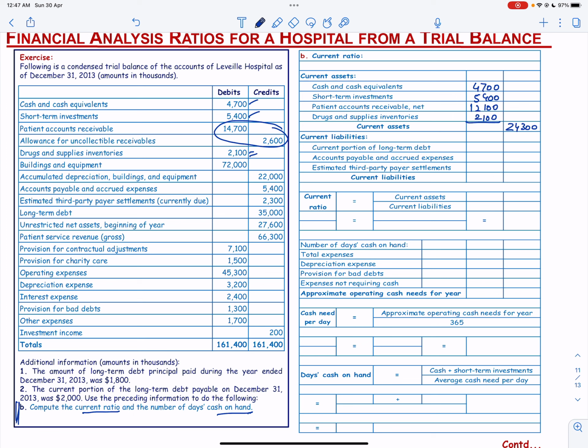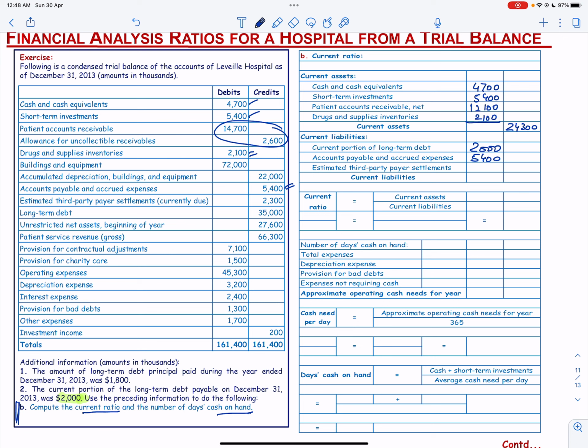First of all we have the current portion of long-term debt, that is 2,000. Then we have accounts payable and accrued expenses. These are also our current liabilities, 5,400.